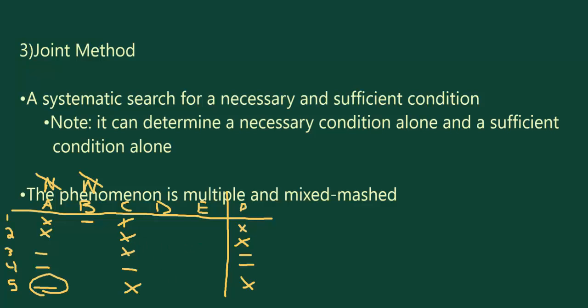C is going to end up being a necessary condition, because every time P occurs, so does C. Doesn't matter that C occurs here, because we're not worried at this point whether C is a sufficient condition for P, whether it guarantees P. We just want to know whether it's required.